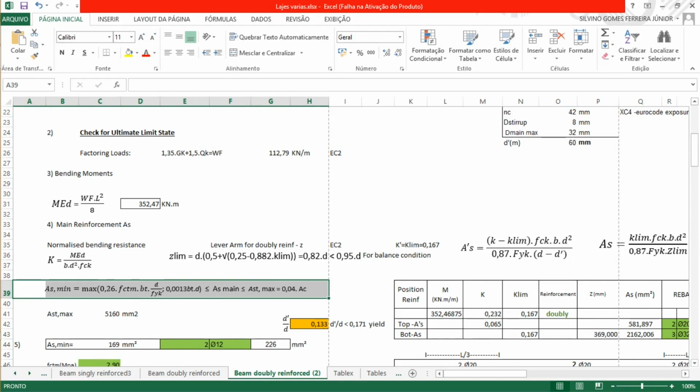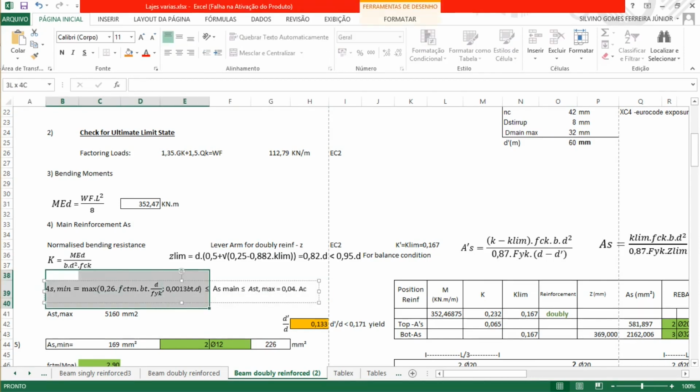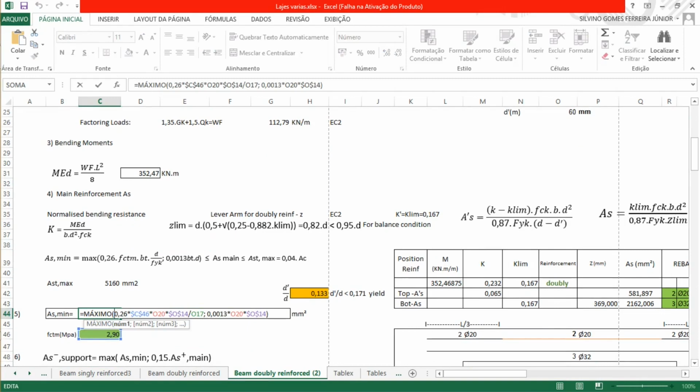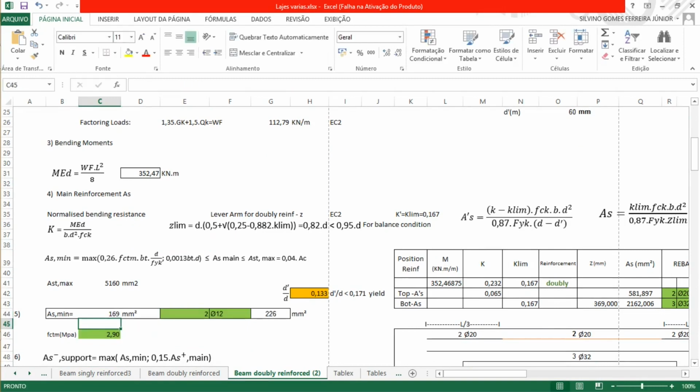It should be the maximum between 0.26 FCTM multiplied by B multiplied by D over FYK, and 0.0013 multiplied by B multiplied by D. Replacing all these values, we get the minimum area of steel that we need, which ends up being 169 square millimeters.